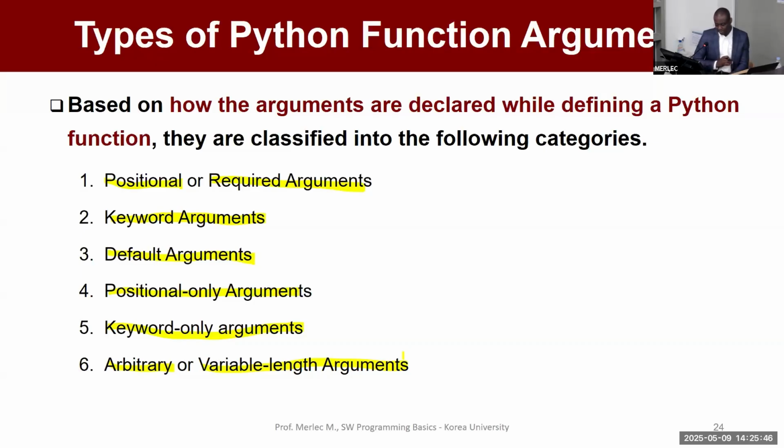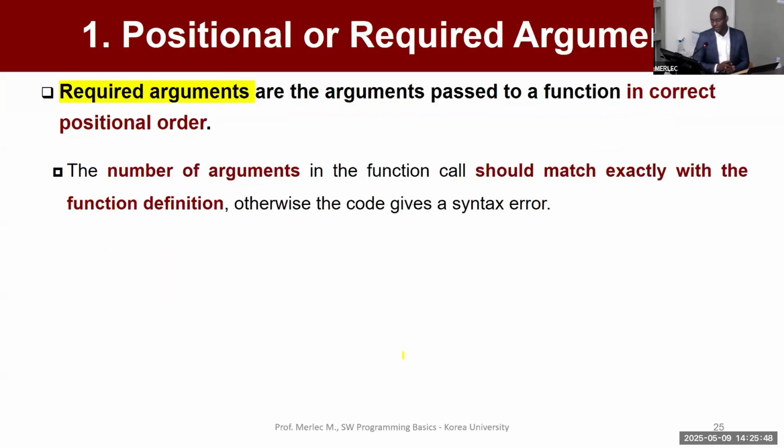Let me now elaborate on each of these types of arguments that are accepted in the Python programming language. The first one is positional or required arguments. These are arguments that are passed to the function in the correct positional order.